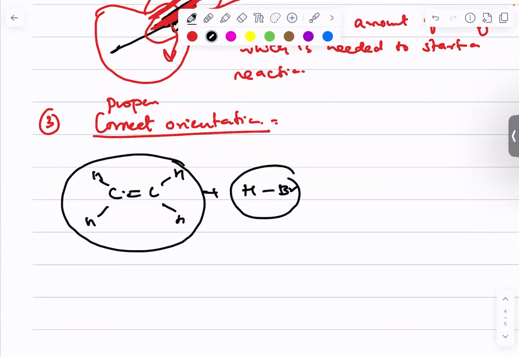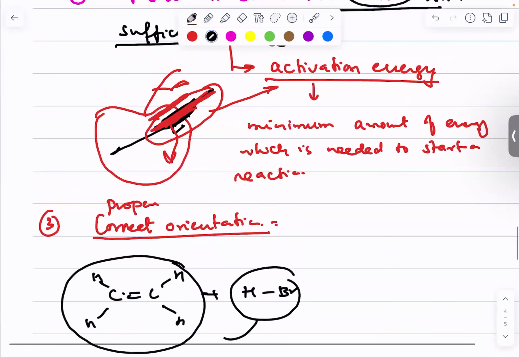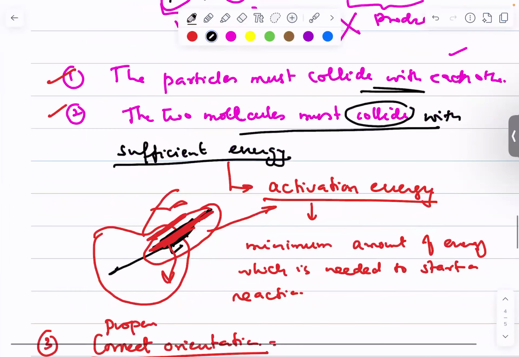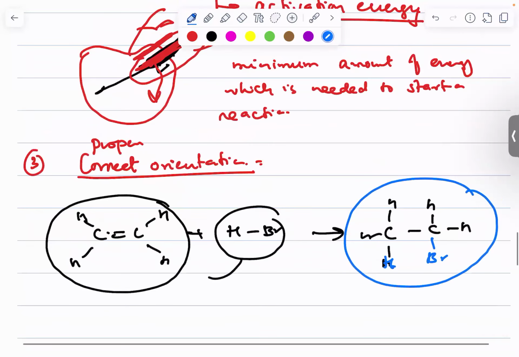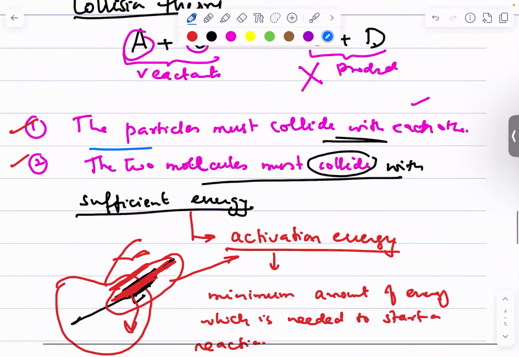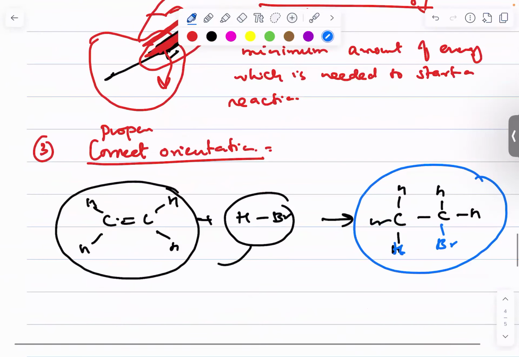Let's suppose they are going, the very first point, they need to collide with each other. And now, what is the product being formed? This is the product being formed: H, Br. Now, this product will form, number one, when the particles collide with each other, that means when ethene molecules collide with the HBr molecule.